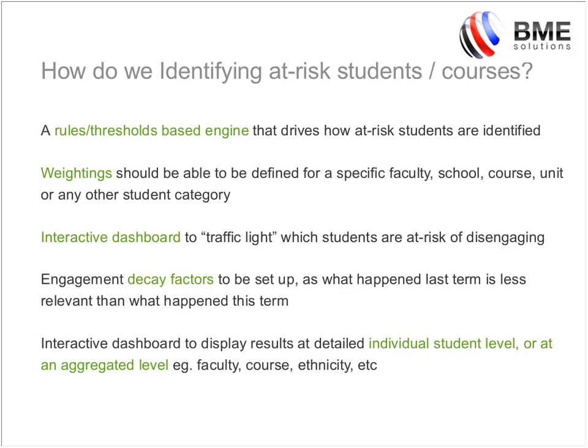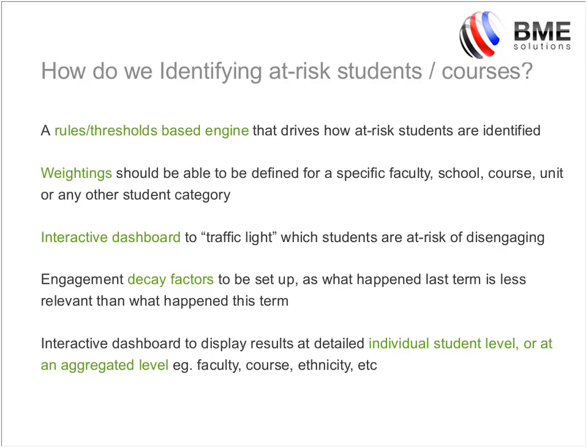A good example of this kind of thing is a student on a chemistry course may need to attend more lectures than a student on an English literature course, or a student in the third year is obviously at less risk of disengaging than a student in their first year.